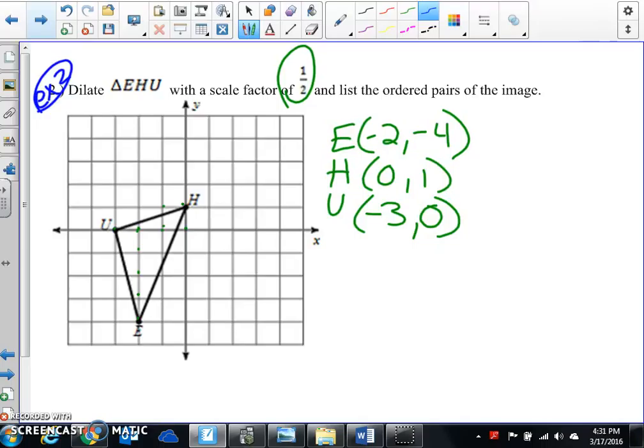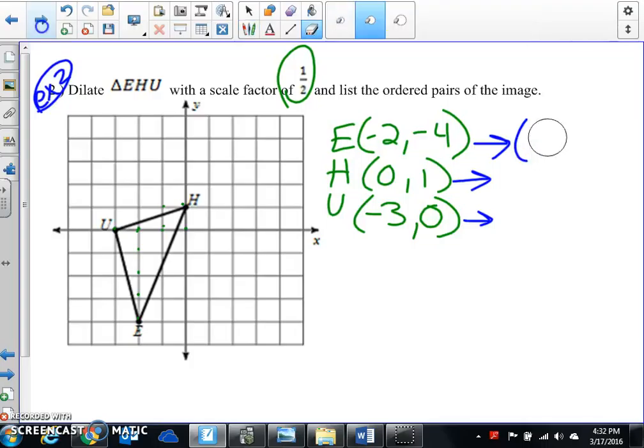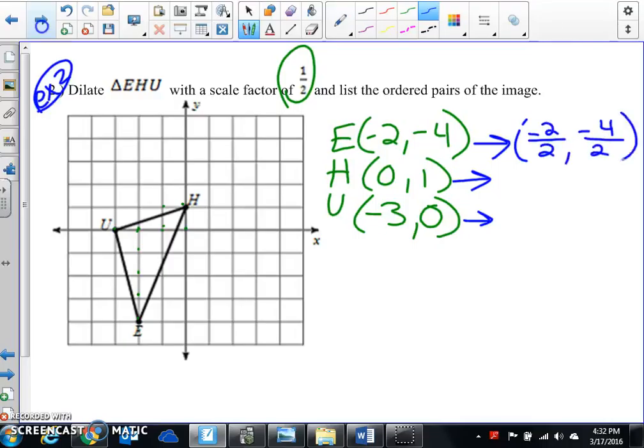All right, so we're taking all those and we take each coordinate and we're going to multiply it by 1/2. Now remember that multiplying by 1/2 is the same thing as dividing by 2. Okay, so this becomes -2 divided by 2, -4 divided by 2. This is 0 divided by 2, 1 divided by 2.